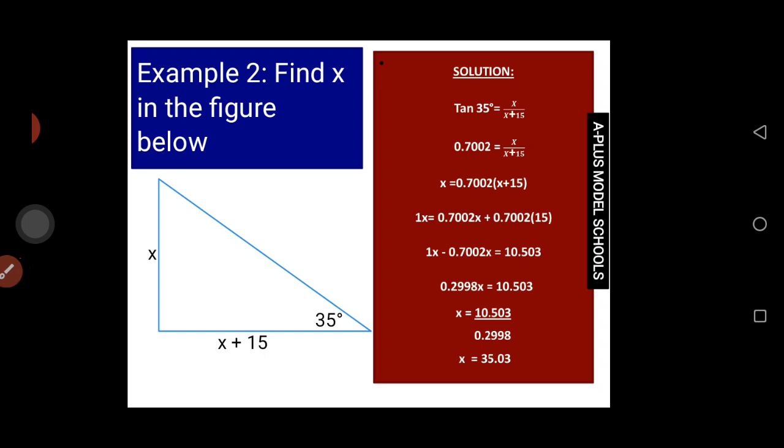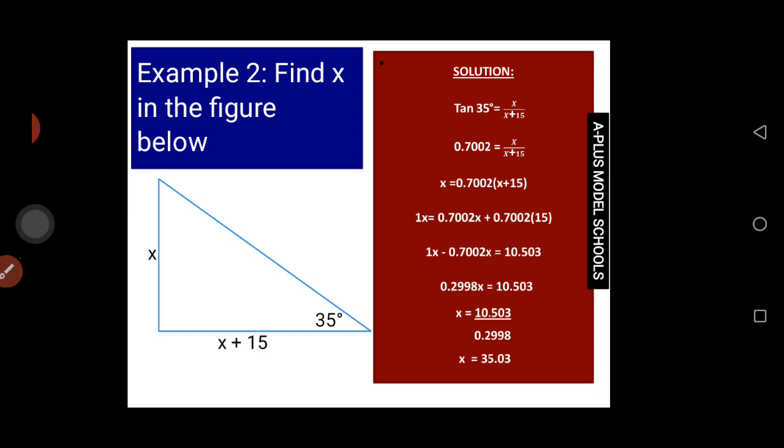So I have 1x equals 1x. Take the term that has x on the right hand side to the left hand side. It is positive, so the sign will change to minus. So that is minus 0.7002x, which is equal to 10.503.